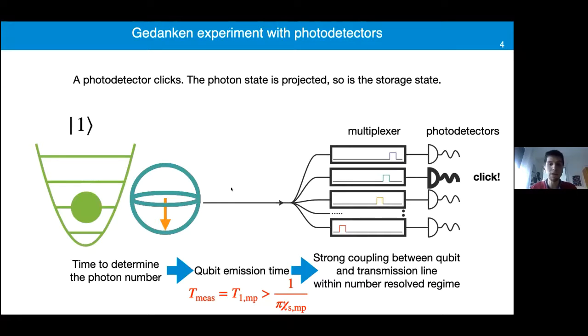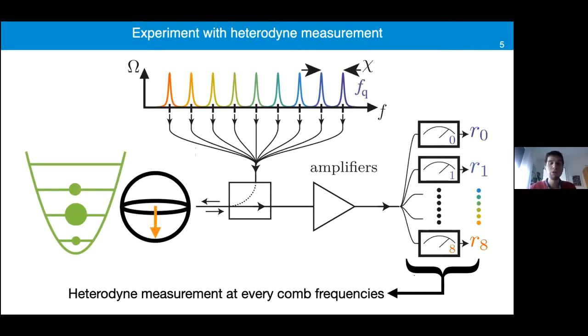So the first one is the idea that we can photocount using the fluorescence of the qubit. And the second one is the idea that we can multiplex this fluorescence measurement. And so for that, 1 year ago, we carried out an experiment where we replace the unconditional pi pulse to probe the qubit by a frequency comb, which contains all the resonant frequencies of the qubit from 0 to 8 photons.